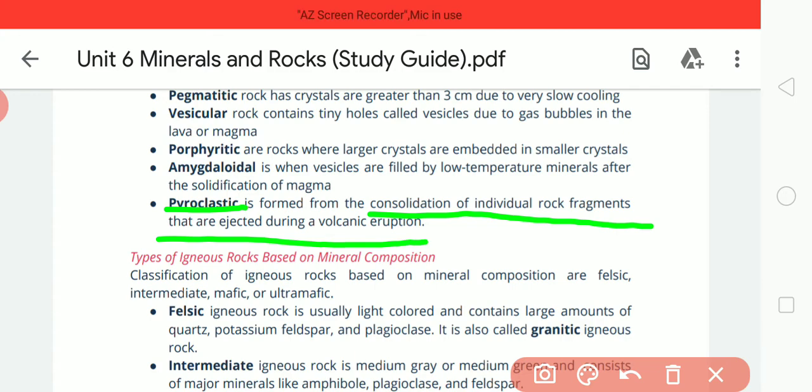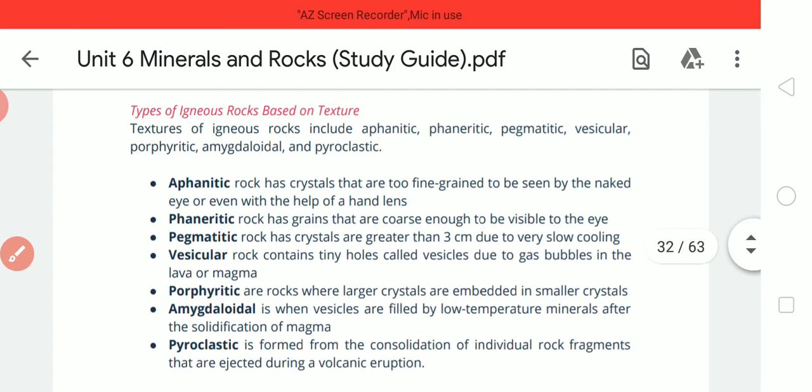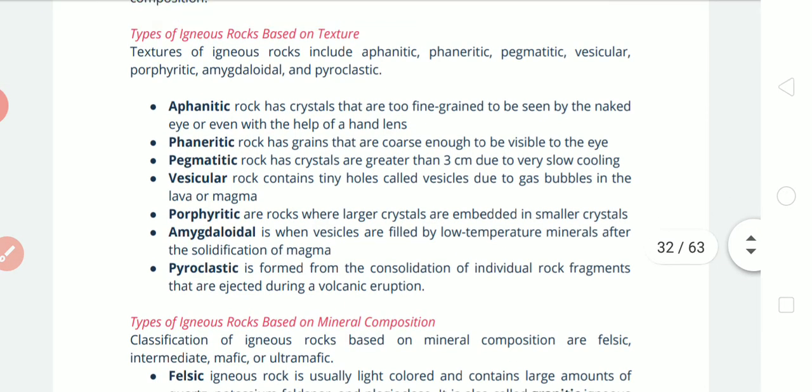Now, the next type of igneous rocks are based on mineral composition. So, mineral composition na po ang i-consider. Kanina, itong phaneritic, itong 7 types of igneous rocks, they're actually rooted on texture.